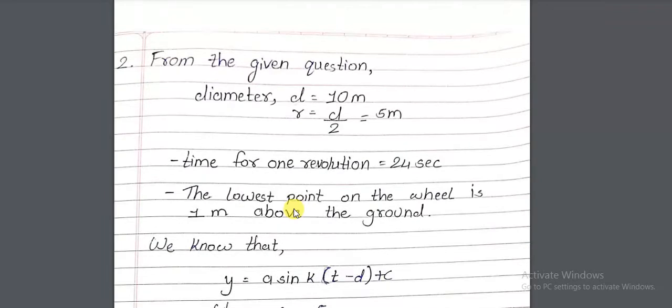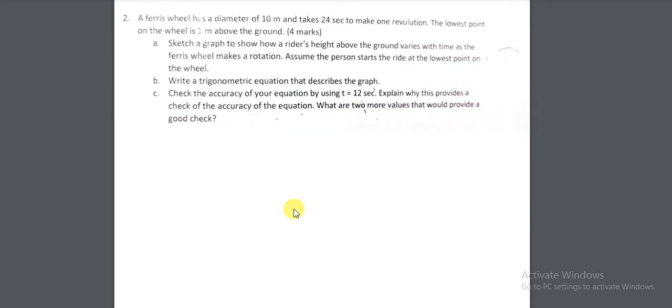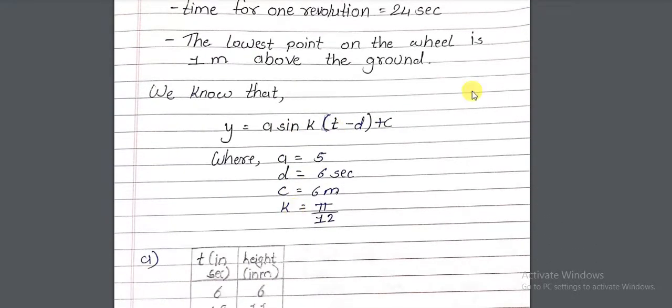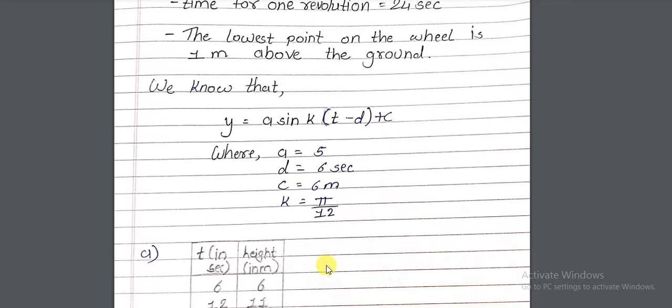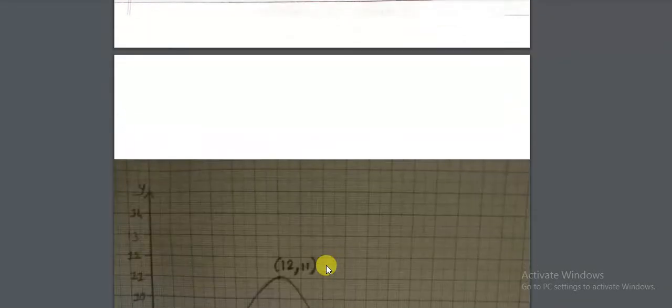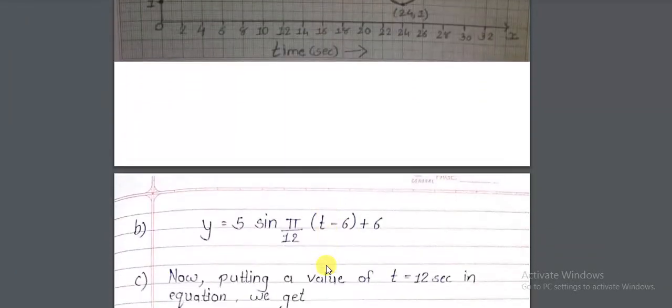Now question 2b is: write a trigonometric equation that describes the graph. We know all these values, so we can easily put them in the trigonometric equation. We get y = 5 sin(π/12 (t - 6)) + 6.